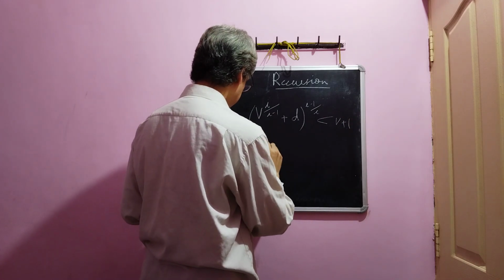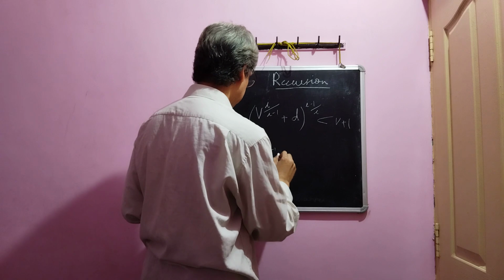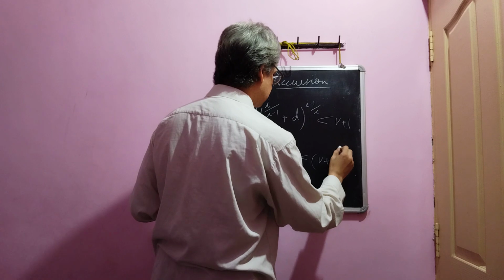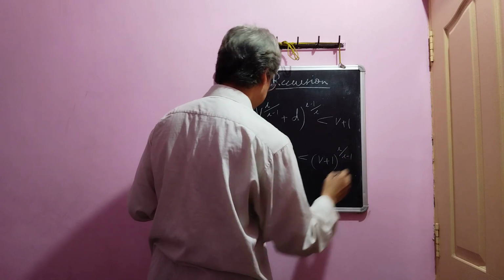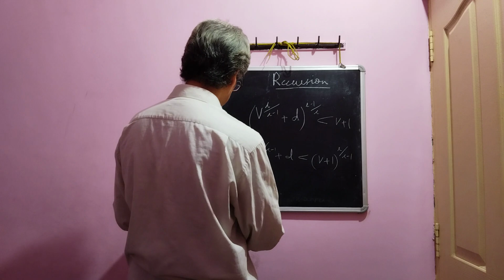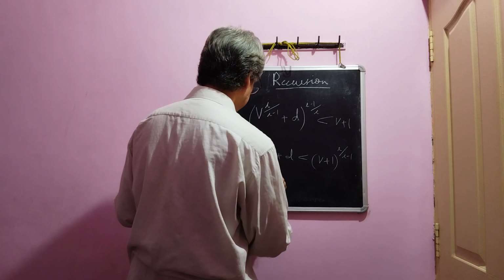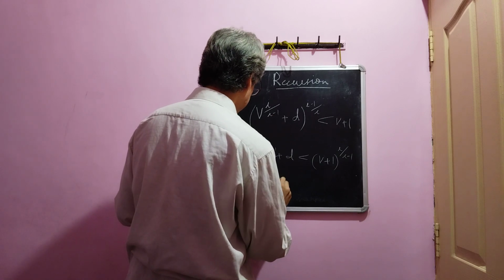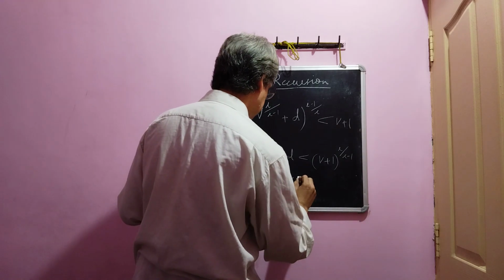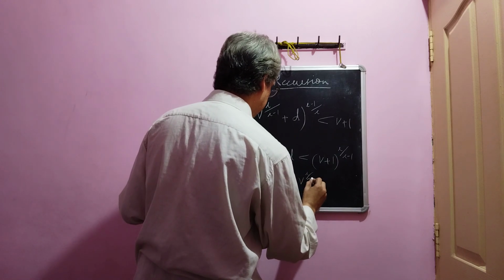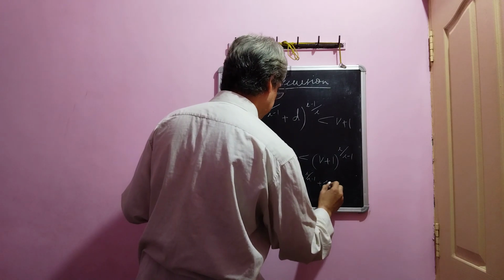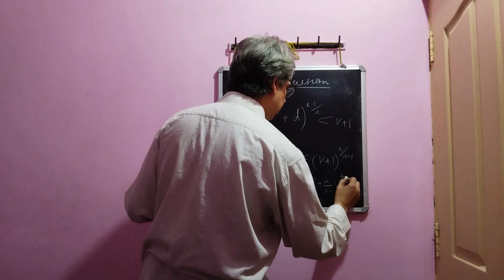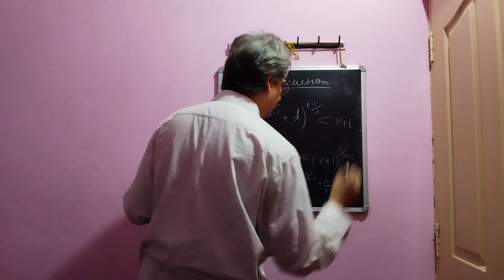In other words, v^(i/(i-1)) + d is less than (v + 1)^(i/(i-1)), that is, v^(i/(i-1)) + d must be less than v^(i/(i-1)) + (i/(i-1)) times v^(1/(i-1)).